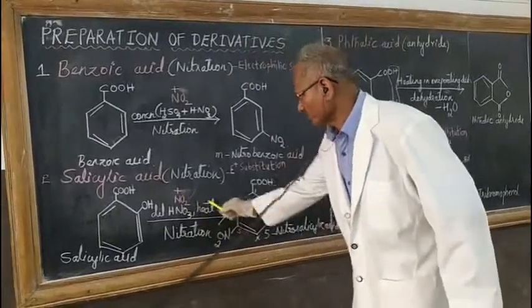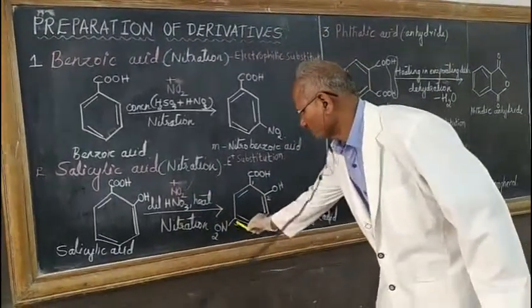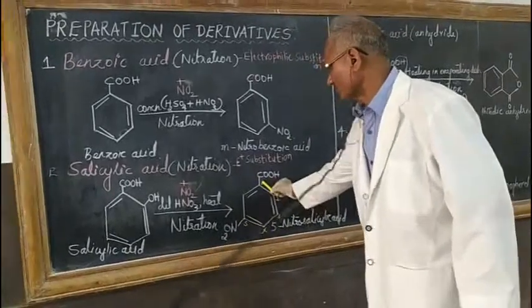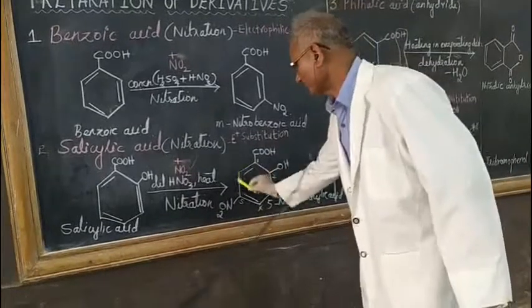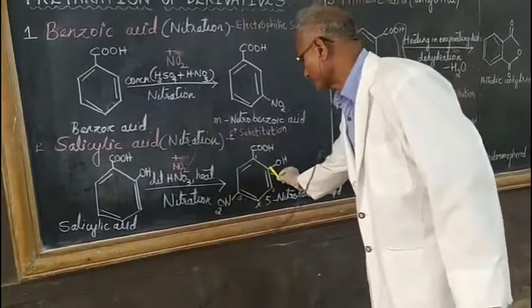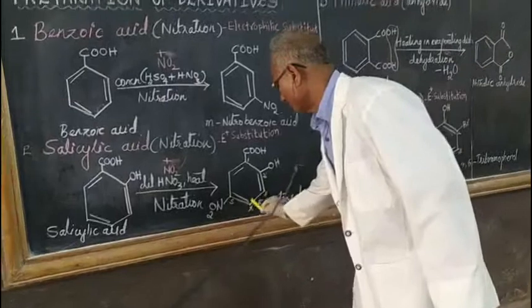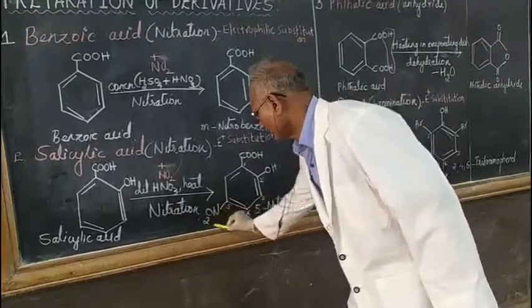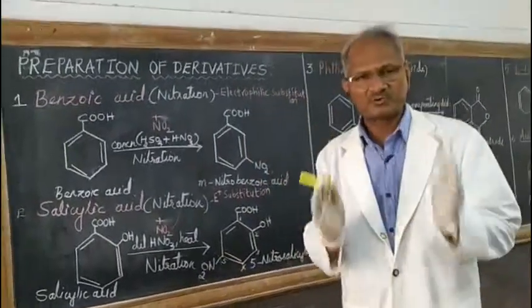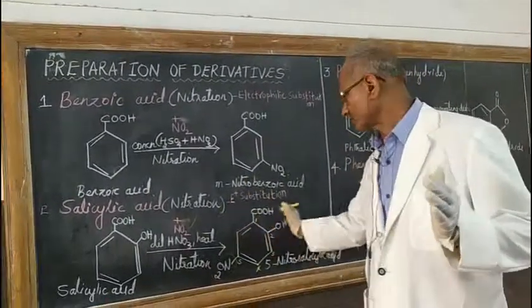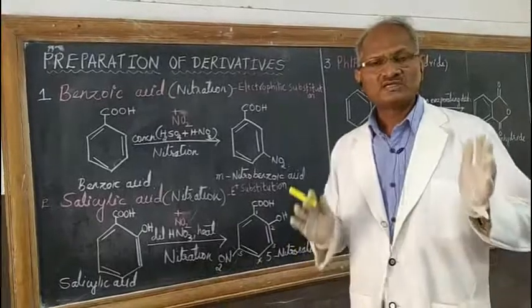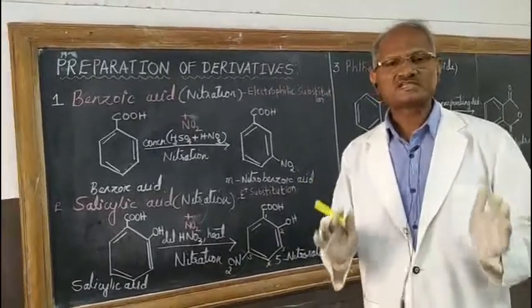So the nitro group is introduced into the fifth position with respect to the carboxyl group. With respect to the carboxyl group this is the meta position, and with respect to the hydroxyl group, this is ortho, meta and para. So the nitro group is introduced into that position which is meta with respect to the carboxyl group and para with respect to the hydroxyl group. So this is again an electrophilic substitution reaction.